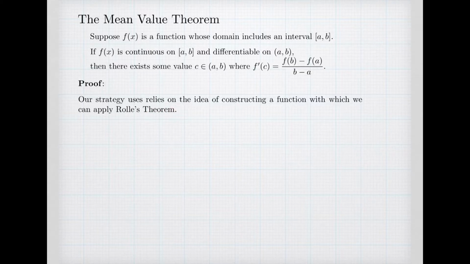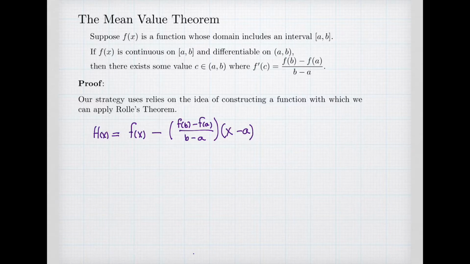All right, I have a function f of x, and I know that there's this average rate of change, so I'm going to define a new function. Let's call this our h function. It's going to be defined as my function f of x minus this average rate of change slope, f of b minus f of a over b minus a, multiplied by x minus a.